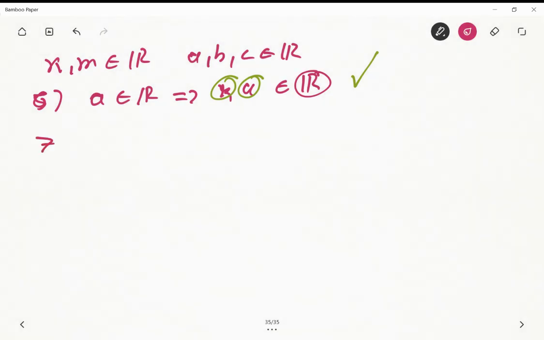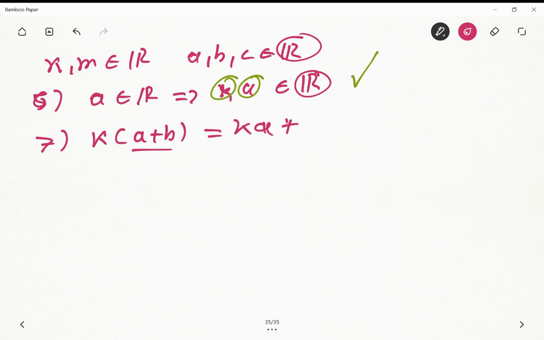The seventh axiom says the distributivity property: k times (a plus b). Here a and b are vectors, but they are real numbers. So this should be equal to ka plus kb. And this is true because all these elements are real numbers, and the real numbers have the distributivity property, so this holds.